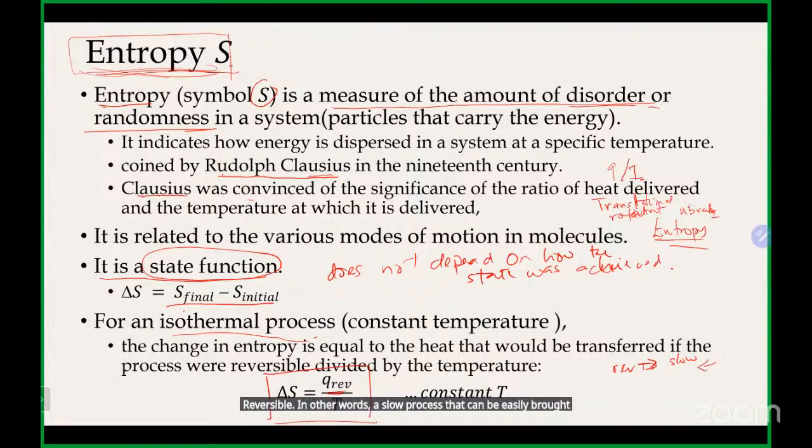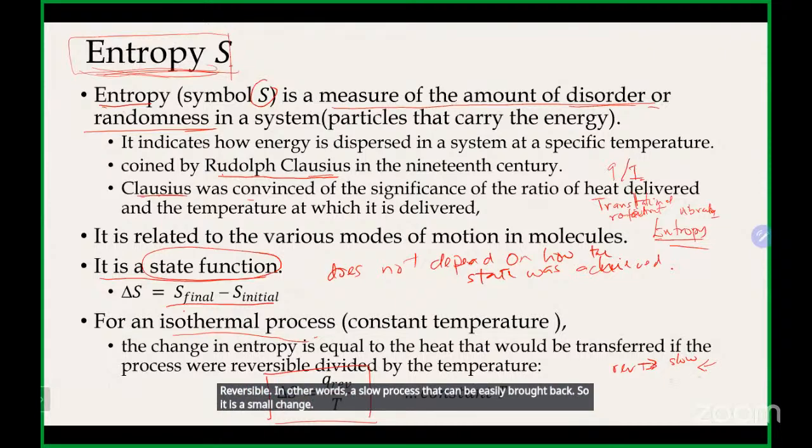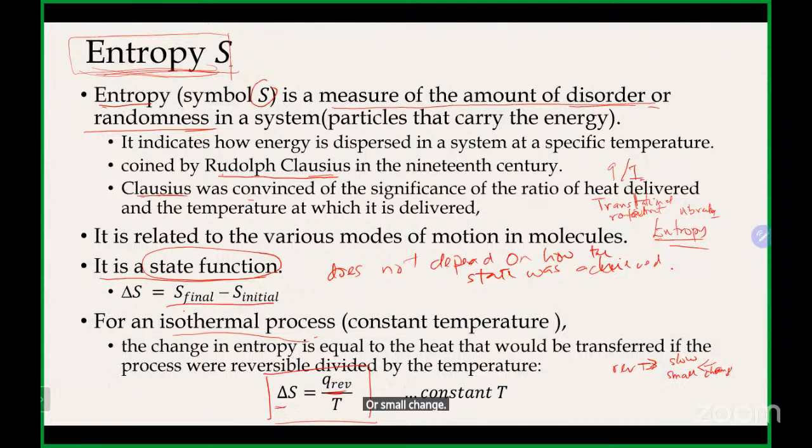So it is a small change that you can easily revert.